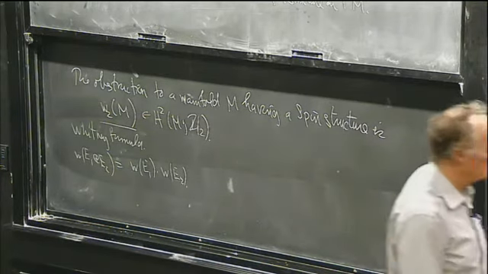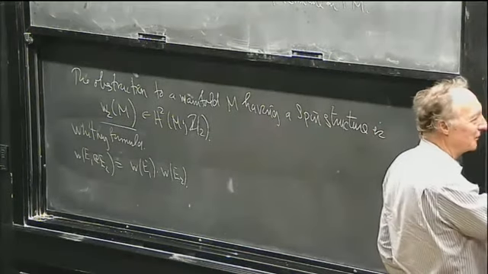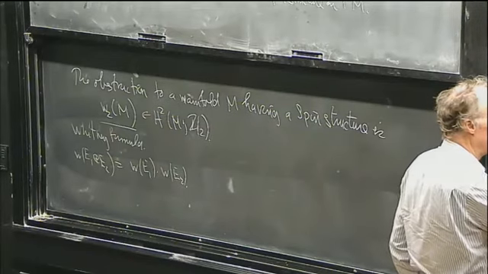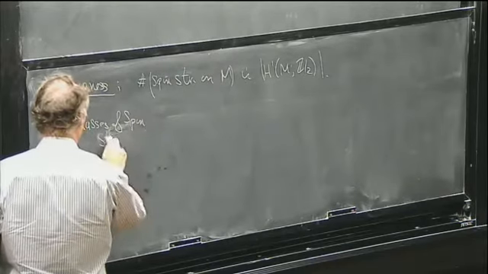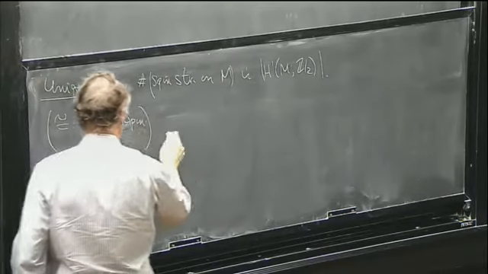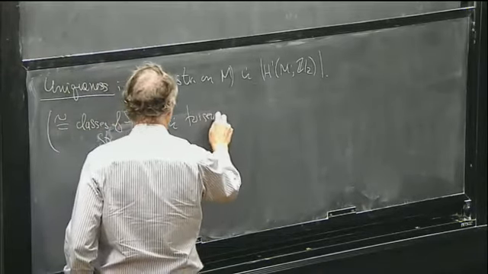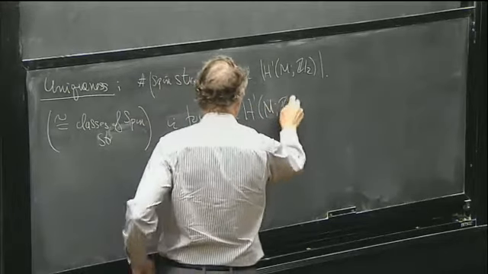And in fact, the statement is much better than that. The set of isomorphism classes of spin structures on the manifold is a torsor, let me use that word, for H1 of M with Z2 coefficients.